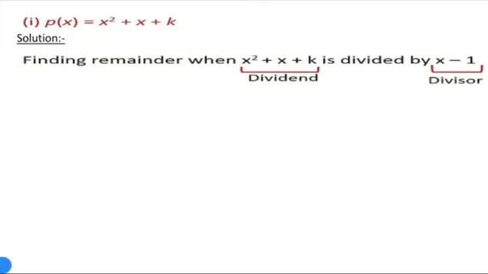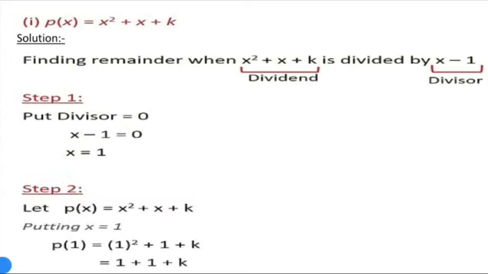So repeat the steps. Step 1: put divisor equals 0. That means x minus 1 equals 0. We get x equals 1. In step 2, put the value of x equals 1 in p of x.